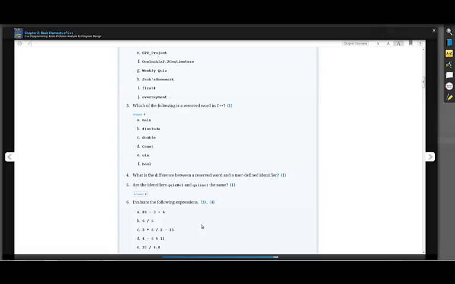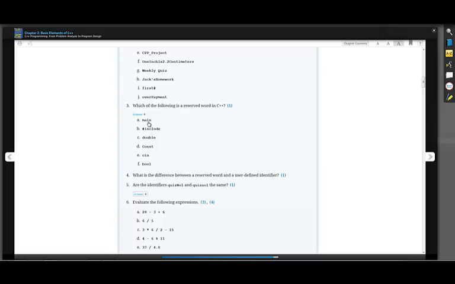We're going to talk about using namespace std in this case. So which one is a reserved word? Well, we know data types like double are reserved words, right? So that's C. And bool is another true-false data type. So C and F are the two that are reserved words here.